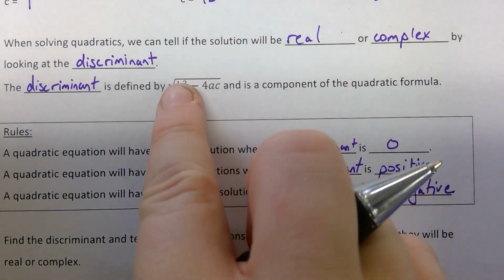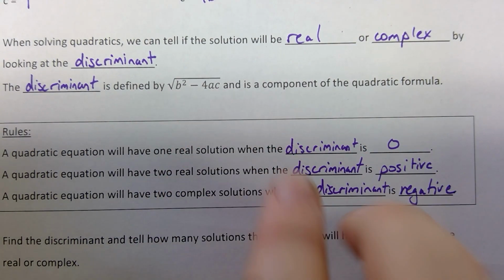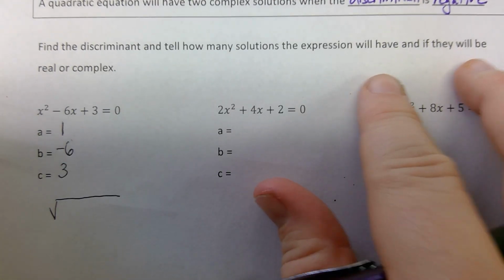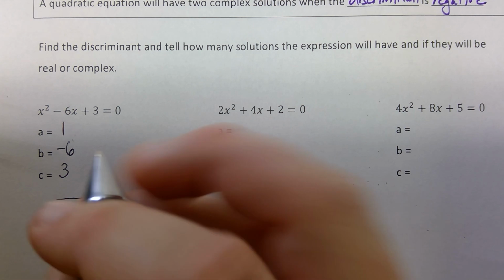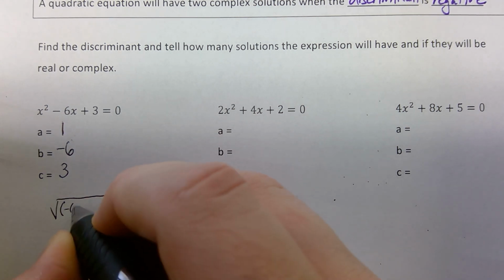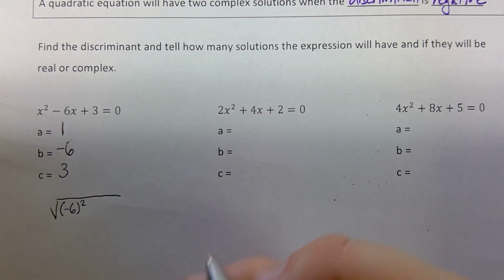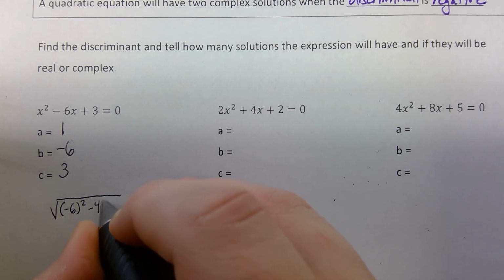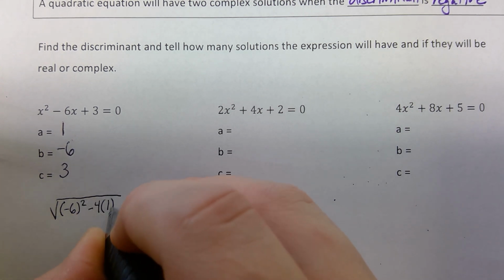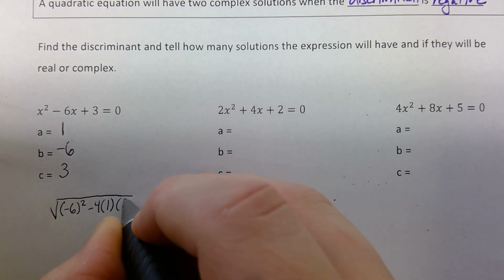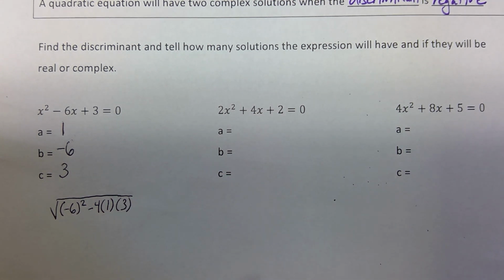We have b squared minus 4ac. B is negative 6. I'm going to always put it in parentheses when I'm plugging in. Negative 6 squared minus 4 times a, which is 1, times c, which is 3.